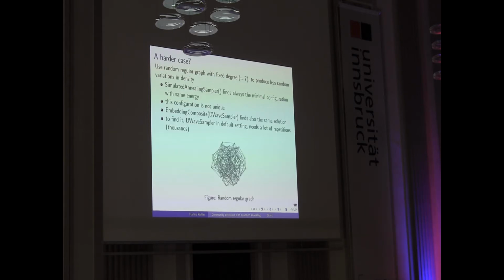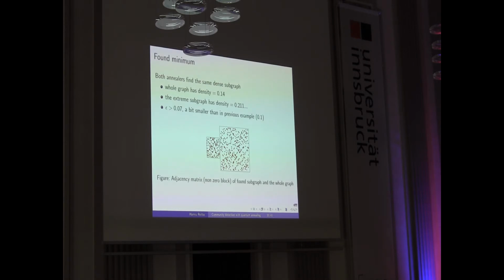Okay, next I try perhaps a bit more complicated case, when we have a random regular graph, meaning that degrees are constant, 7 in this case. And similarly, we get a very similar result.